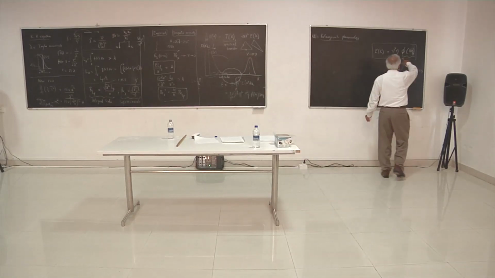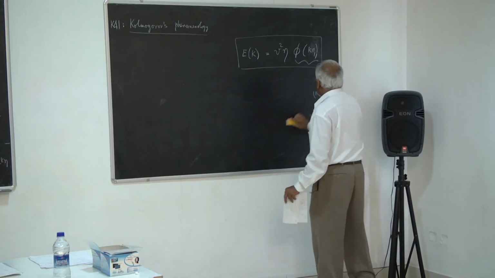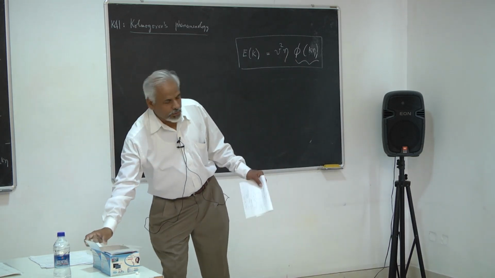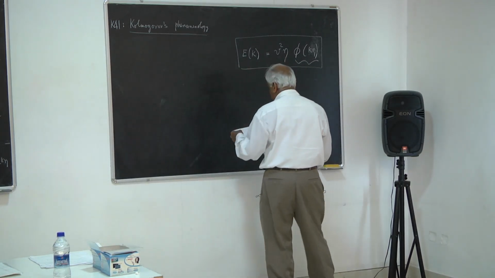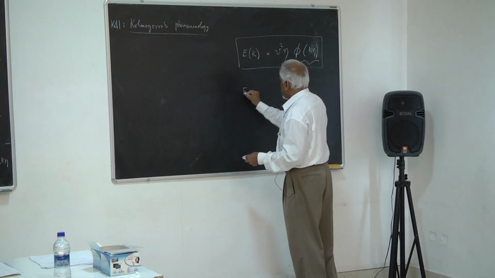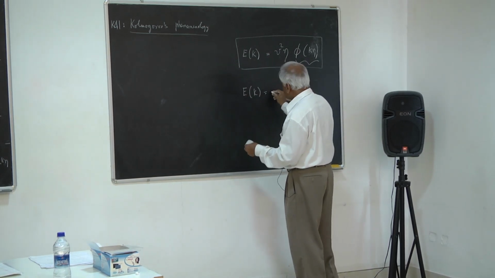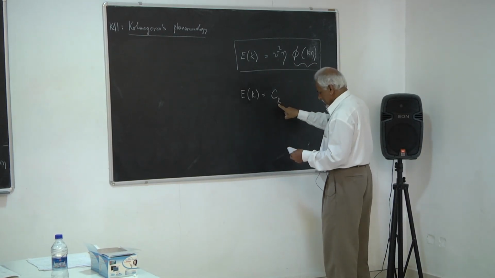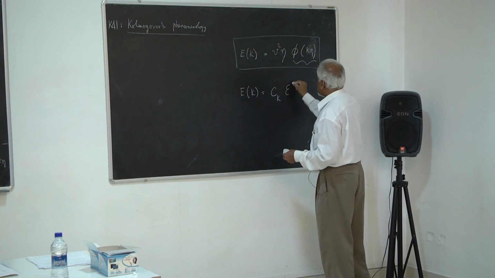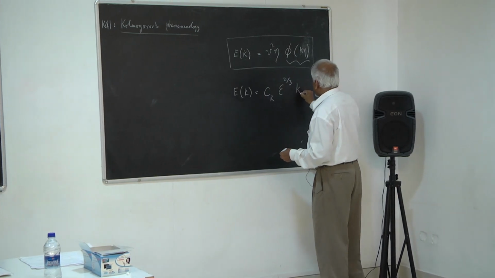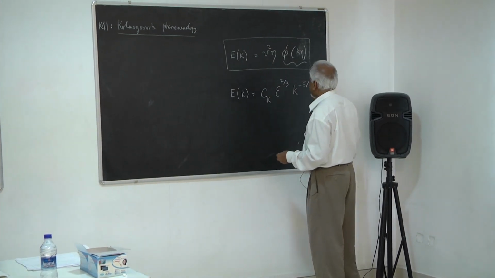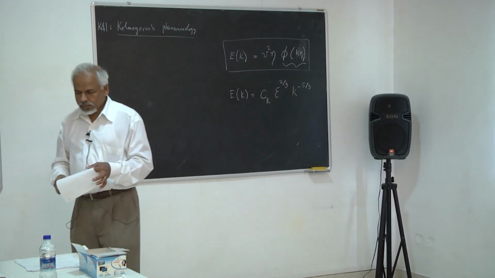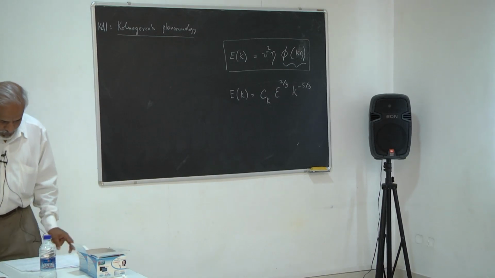It will have to have a power law in such a way that the dependence on viscosity disappears. And if you do that, you will get E of k is some constant sitting in front, let's say Ck in honor of Kolmogorov, epsilon to the power 2/3, k to the power minus 5/3. Okay? I think you should sit down and do it. It's really very trivial, but I always make mistakes on the blackboard.